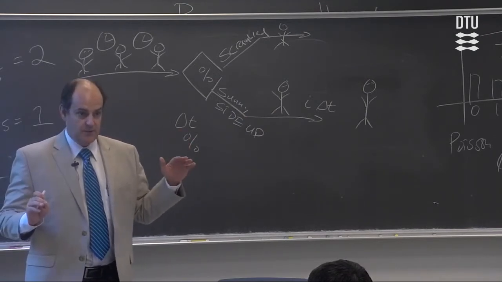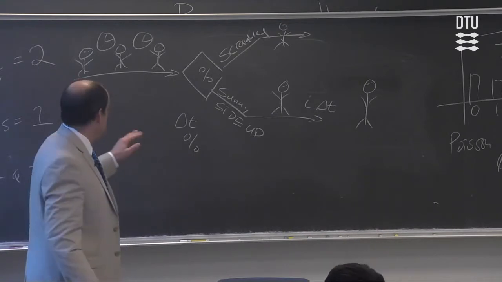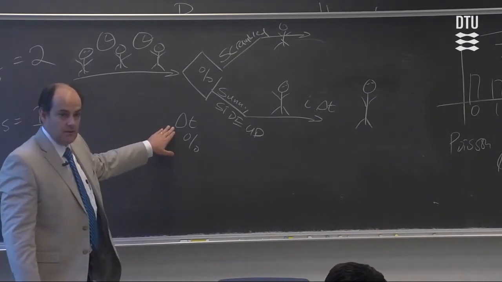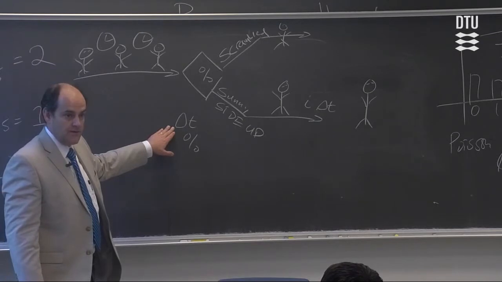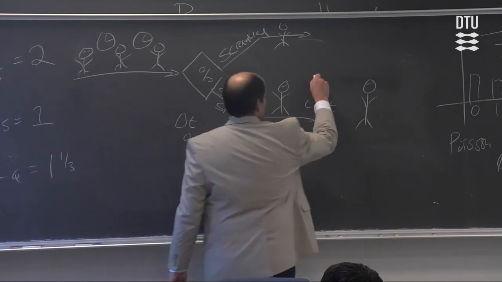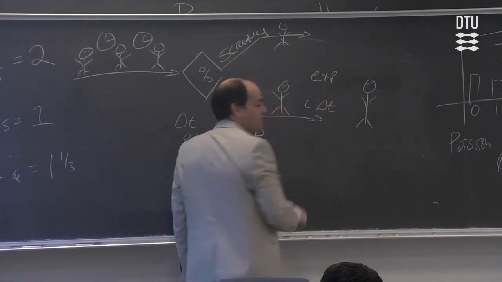And it is a random number. And if you take this as the limit of time going to the smallest value, to the limit of 0, this becomes an exponential distribution.